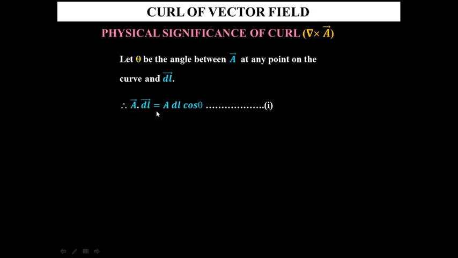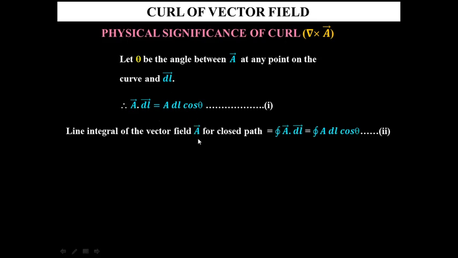Now the line integral of this vector field for a closed path, because the curve is closed, can be represented as the line integral over the closed path of A dot dl. From equation number 1, A dot dl is A dl cos theta, so the line integral of vector field A for a closed path is the integral of A dl cos theta.